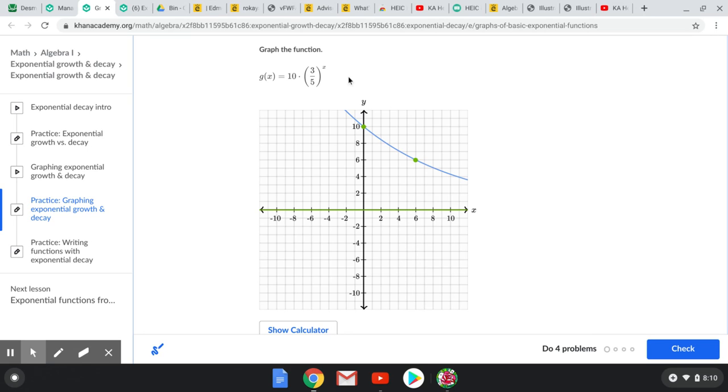Then I need to find one more point because I have to put this somewhere, right? So there are multiple ways to do this. Probably the easiest way would be to just pick an x, plug it in, and then plot that. So we want something that's going to give us a nice whole number.